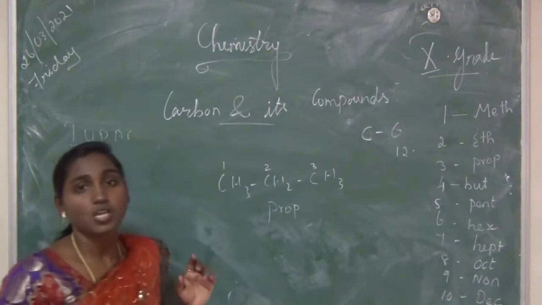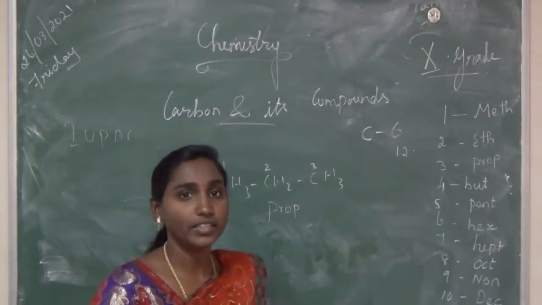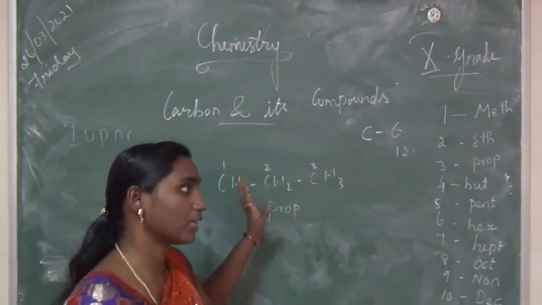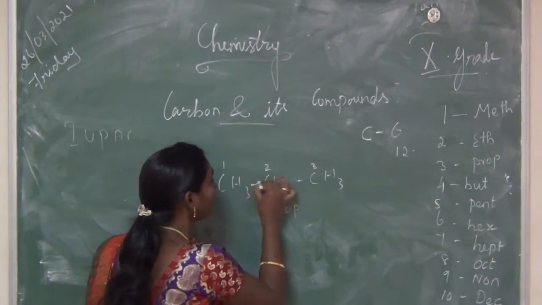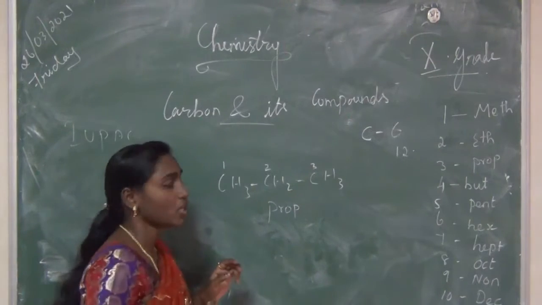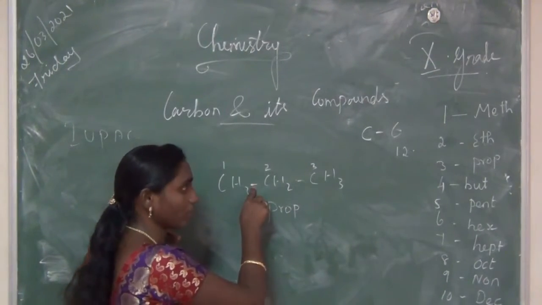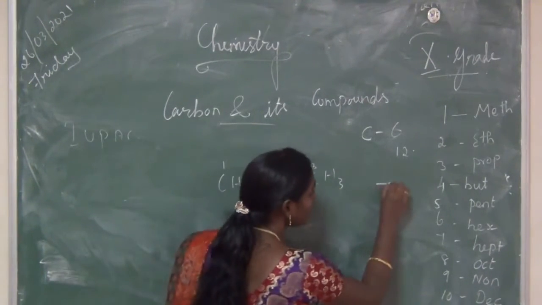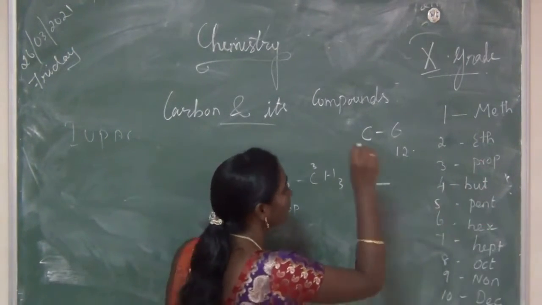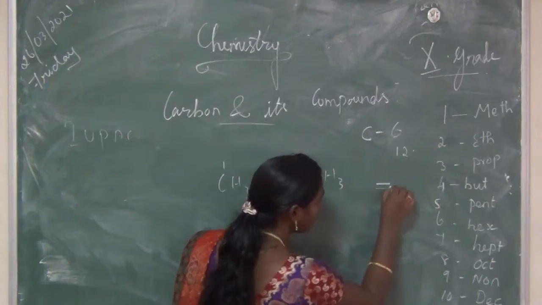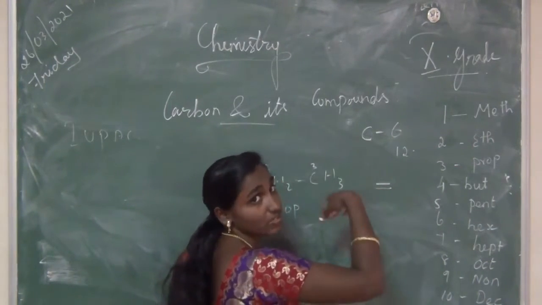Have you understood? Now we have written the root word, right? The next thing we need to see is the bond. See, this is a single bond, right? If one compound has a double bond or a triple bond, the name will change.